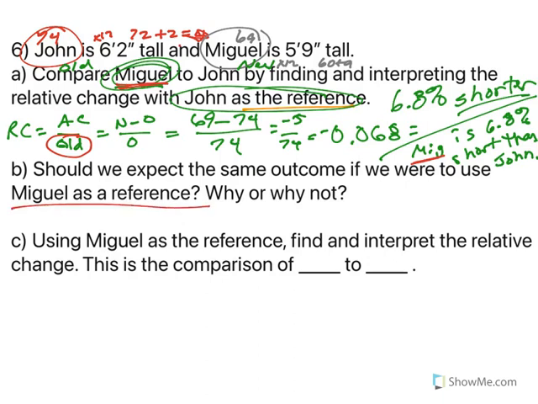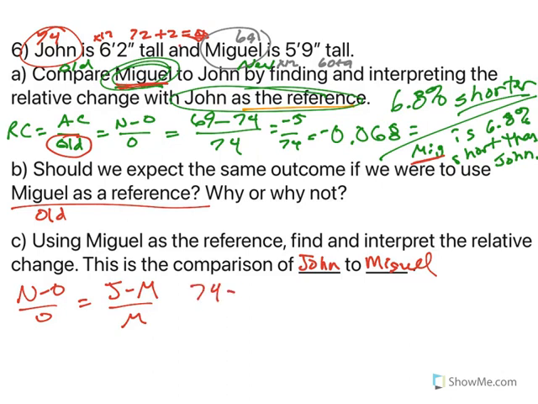So if we change Miguel to be old, then we're comparing John to Miguel. So we're still going to take new minus old divided by old, but now that would be John minus Miguel over Miguel. So 74 minus 69 over 69. Notice that even though the numerator is still 5, the denominator changes.